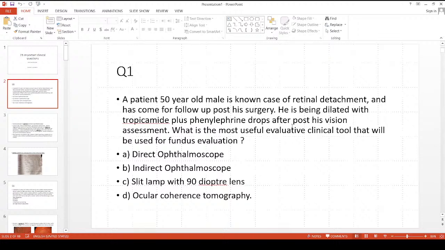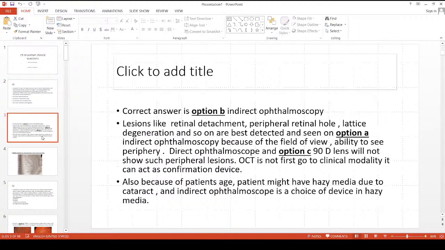Basically, when you need to see the periphery, when you need to see the whole fundus as a whole, you need to use the indirect ophthalmoscope. And ocular coherence tomography, called OCT, is just a device used to see all 10 retinal layers and any pathology in them. So a vitreoretinal surgeon or retinal surgeon will always use indirect ophthalmoscopy in cases of retinal detachment.